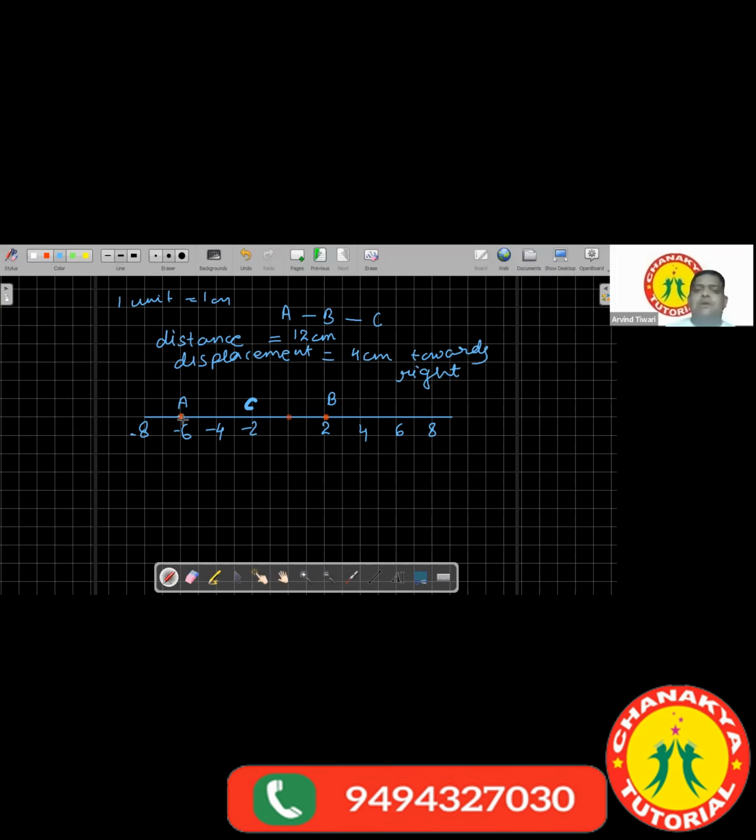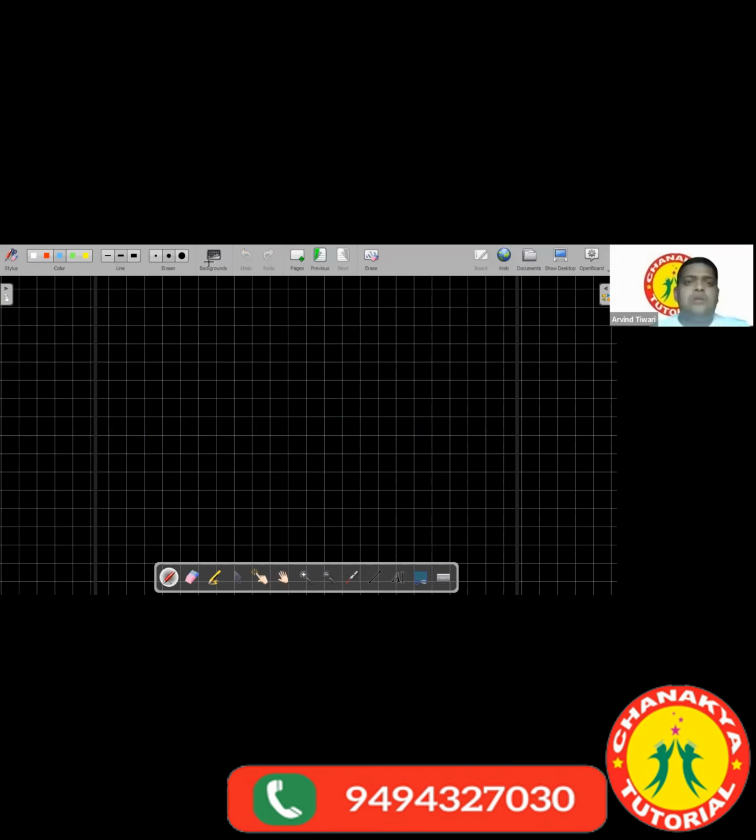Okay. So this is one way, your distance and displacements. I hope now everyone understood the difference between them. Let me define again what is distance and displacement. So distance we have defined as the actual length of the path traveled.